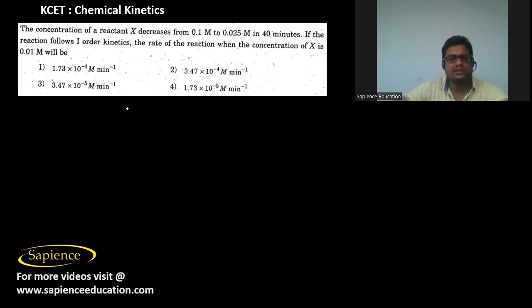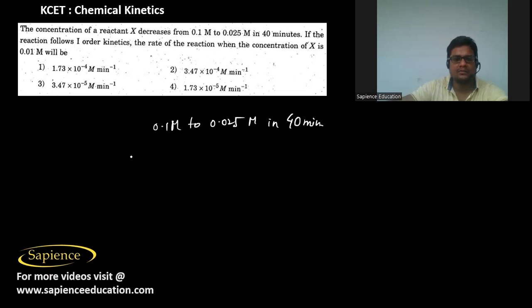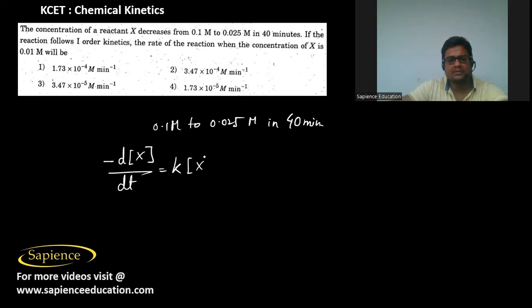Then here it is told that the concentration of a reactant X decreases from 0.1 molar to 0.025 molar in 40 minutes. If the reaction follows first order kinetics, the rate of the reaction when the concentration of X is 0.01 molar will be? So it follows first order kinetics, which means minus dX by dt equals k into the concentration of X, since it is a first order reaction.